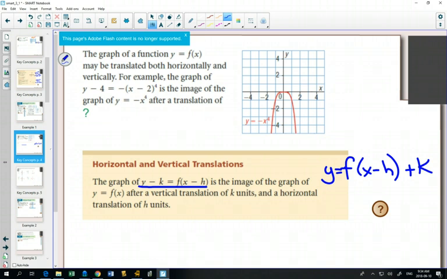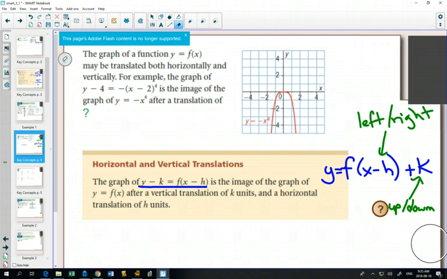Because we like to write things with y equals. So the h, that moves things left and right. The k, that moves things up and down.